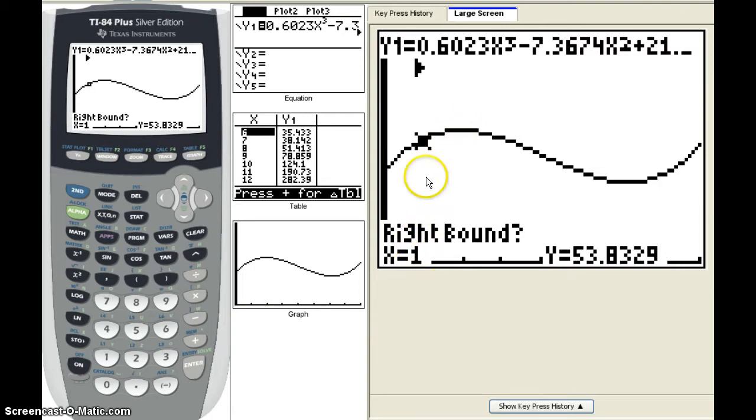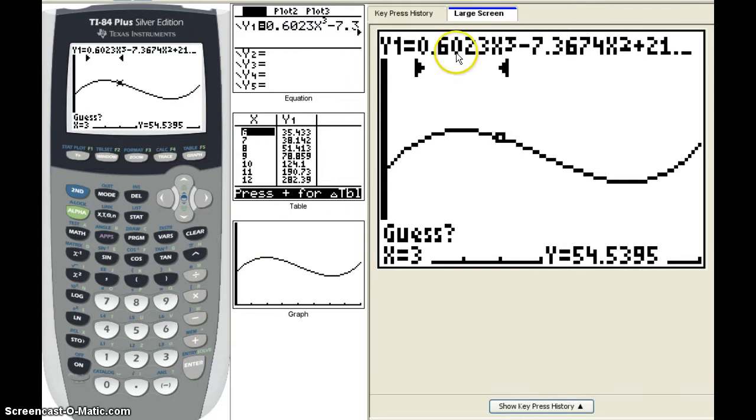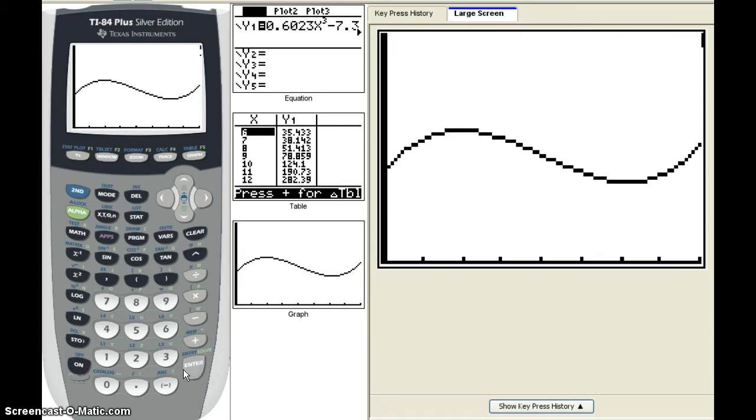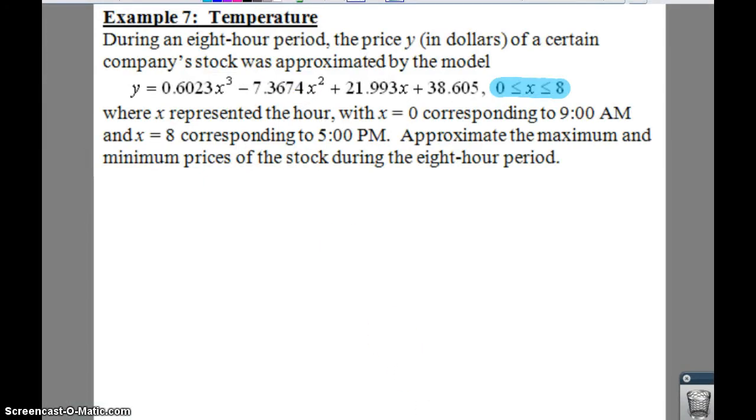So if this is x equals 1 right here, here's x equals 2. Let's choose a right bound. Let's just type in 3. 3 is going to be to the right of it. Yes. So notice your arrows are showing you're going to find a maximum between these two arrows. We're going to hit enter for guess. And we're looking for our y value, which is $57.94.